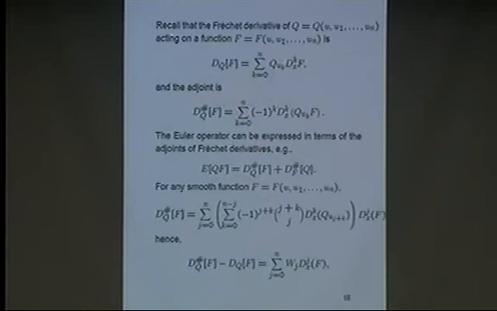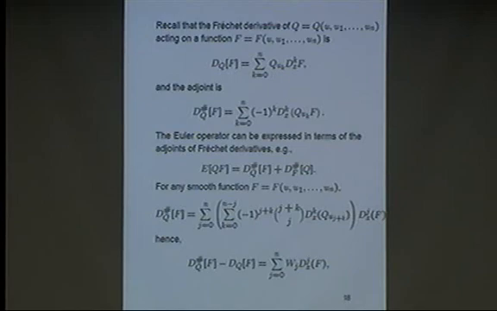Because if we return to the Fréchet derivative, the Fréchet derivative is kind of like a chain rule for the Euler operator. We look at the Fréchet derivative and its adjoint here. Yes, it's ugly. But this is what you get: the self-adjointness of the Fréchet derivative.